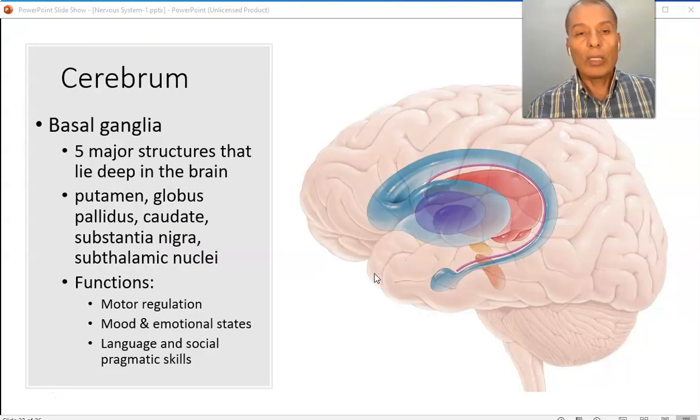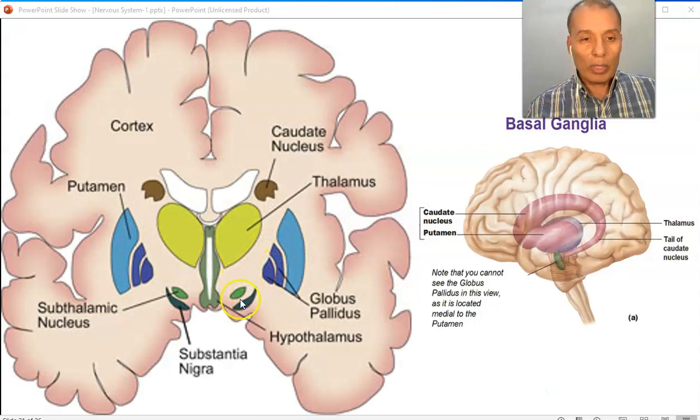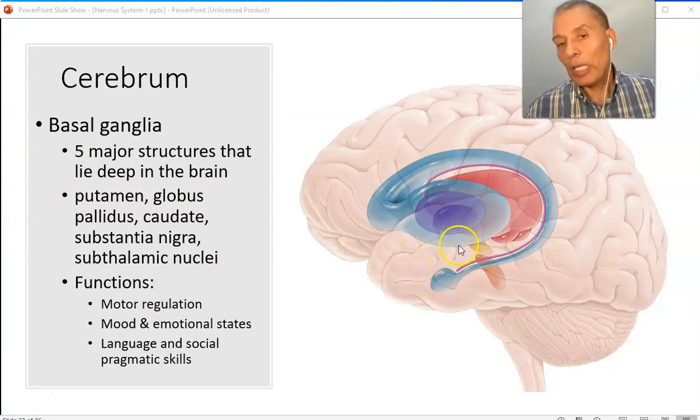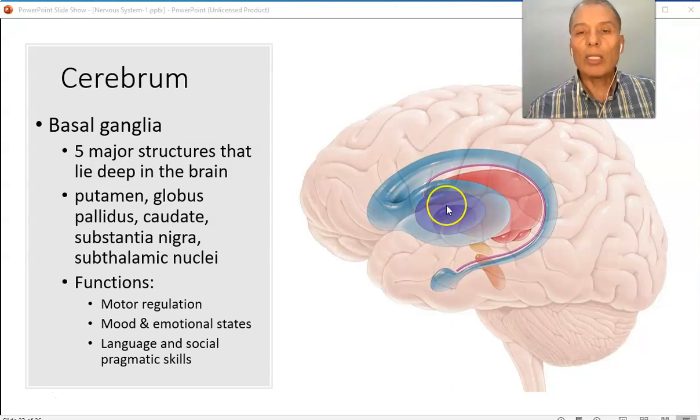So all of these are called the basal ganglia. And this is part of them as well. They play great functions collectively, and we cannot discuss them in detail here.